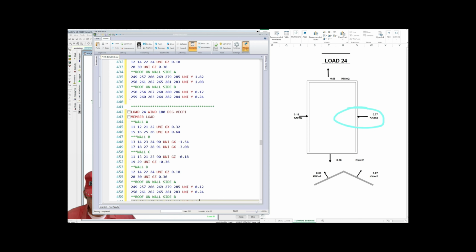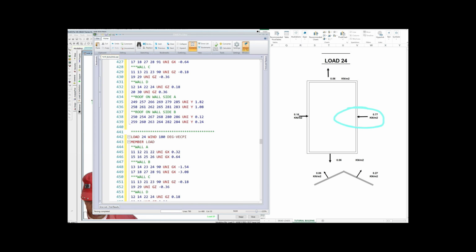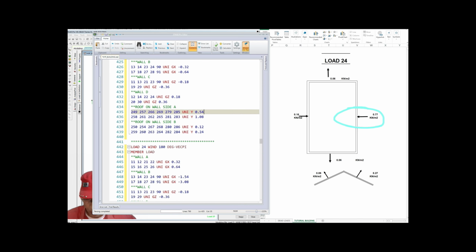So this should actually be 0.27 into 2. We did not change it. 0.27 into 2 is equal to 0.54 for load case 3.